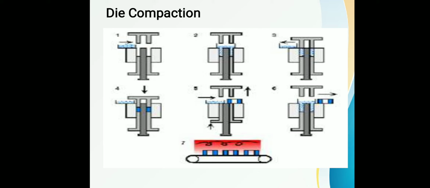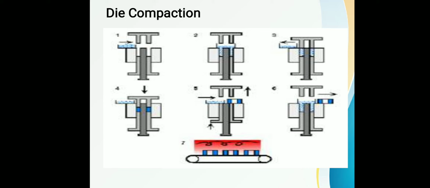Also in the first figure, the arrow indicates the feeder of our powder. Then in the second figure, we can see that the powder is fed into the cavity of the die.